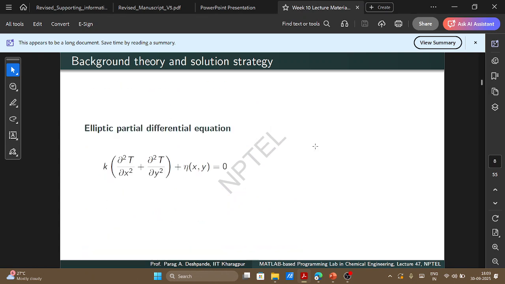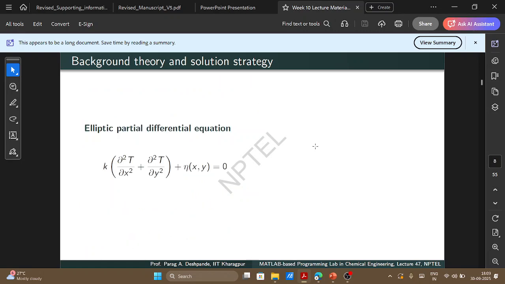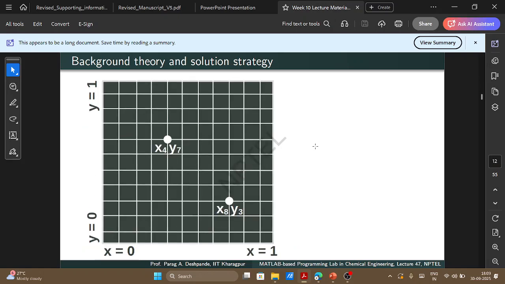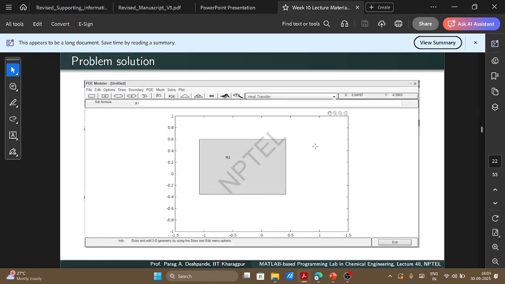Although the time parameter is not here, it's still a partial differential equation since you have two variables x and y. Then you have to solve for the temperature distribution profile across this plate.